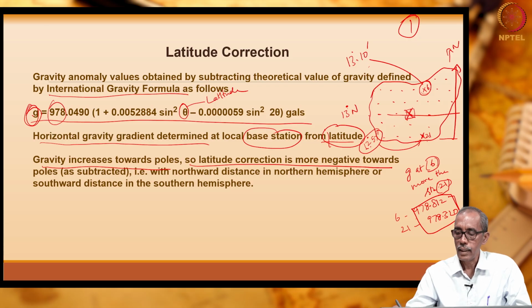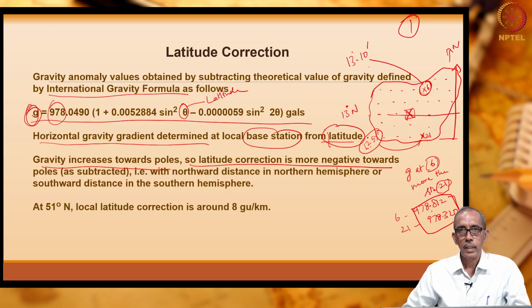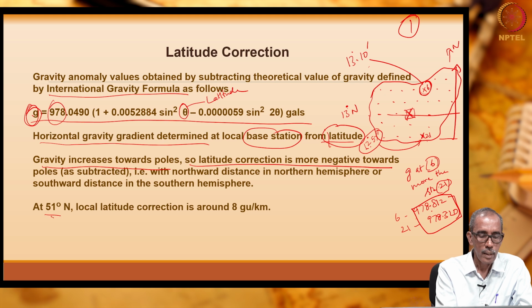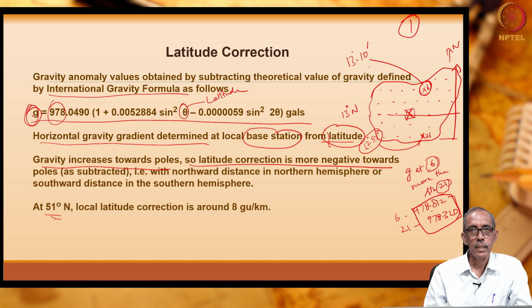That difference will be subtracted from the value we have got at station number 6. This is what is latitude correction. Approximately the latitude correction at 51 degree north is about 9 gravity unit per kilometer approximately. So, this is what is known as latitude correction.